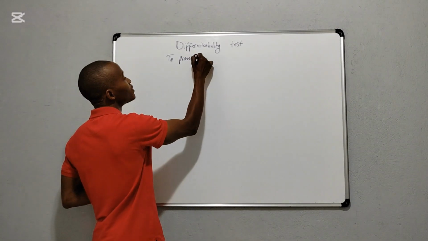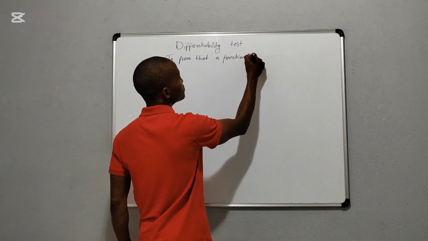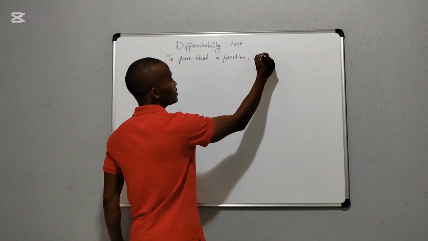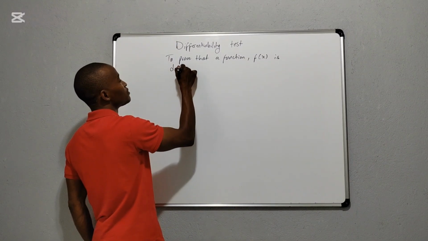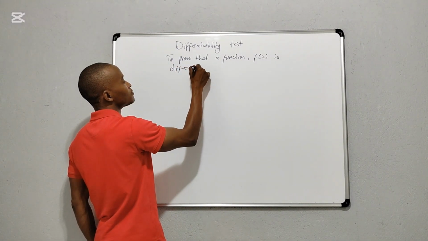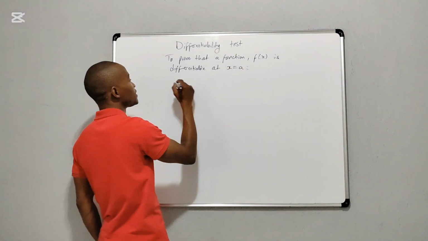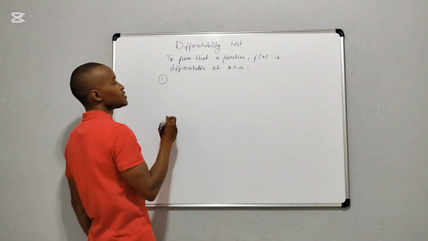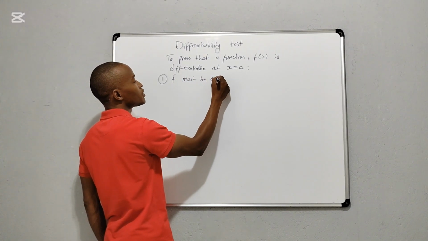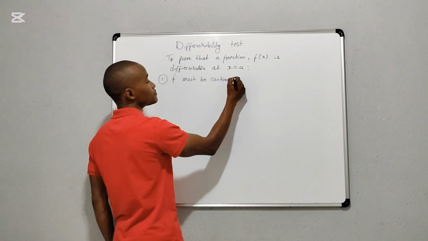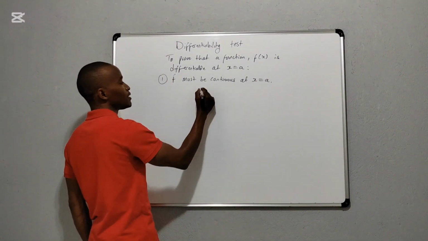To prove that a function, suppose f of x, is differentiable at a point x equal to a, the first condition is that f must be continuous at x equal to a, right?